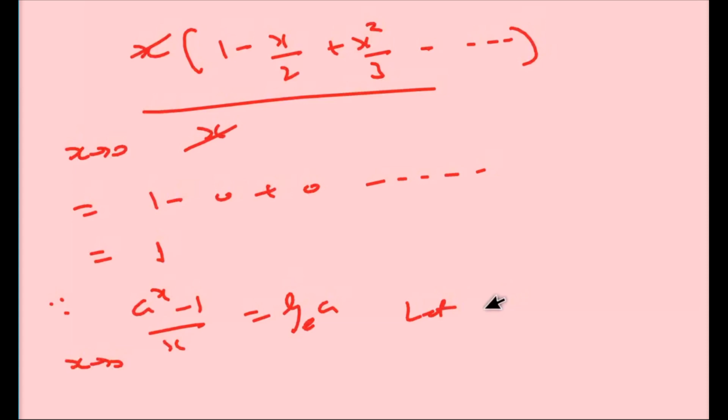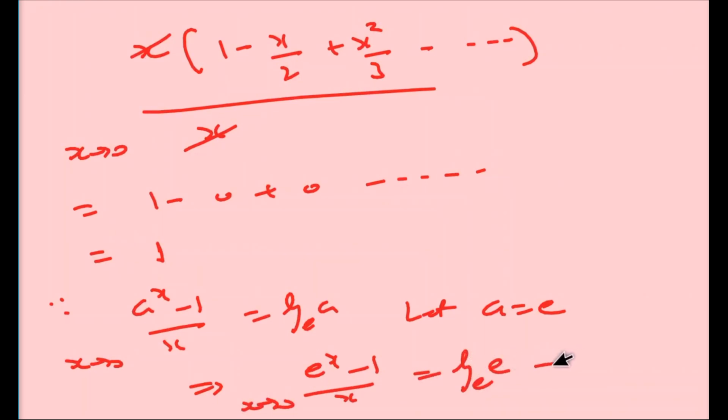Let a equal to e, then we can write here the limit of (e to the power x minus 1) upon x, as x tends towards 0, equal to log e base e, that is equal to 1. So we can say this series upon x, as x tends towards 0, is equal to 1.